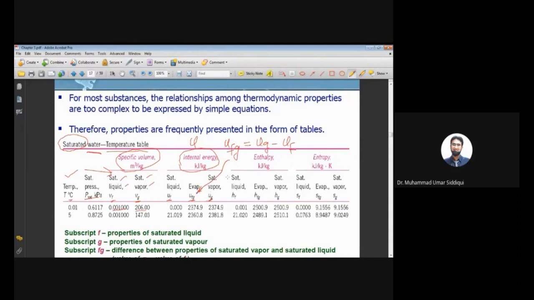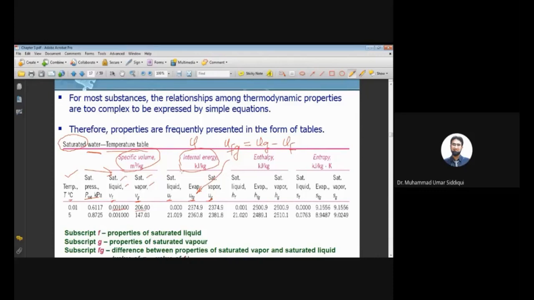Yes? Anybody was asking something? Yes, sir. Is there any difference if we write UFG or UGF? Normally it is written UFG. So it's better you use the same symbol, otherwise you're going to confuse yourself. Otherwise, there's not a big difference. When we write UFG, it means UG minus UF.